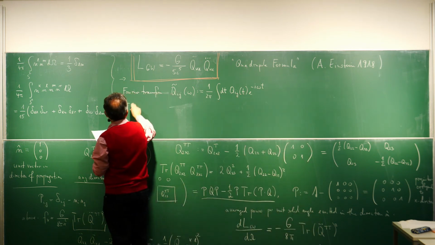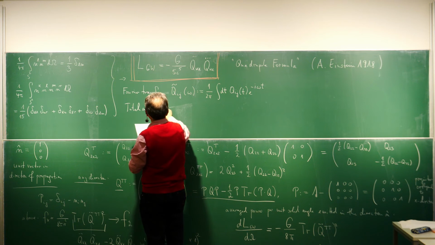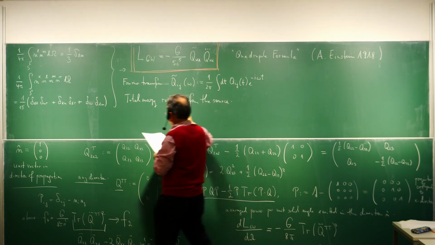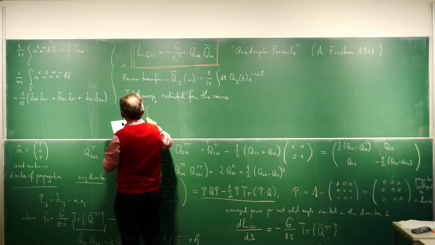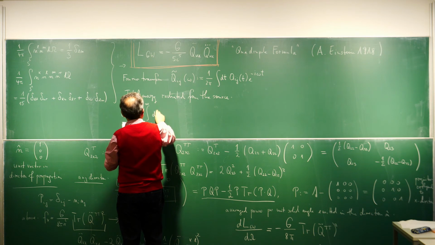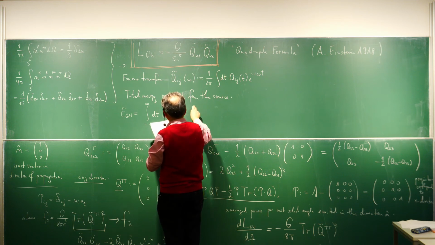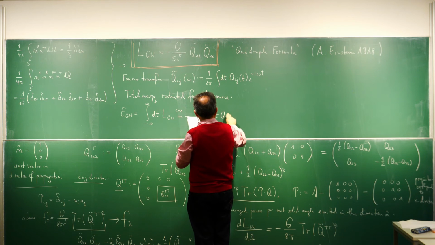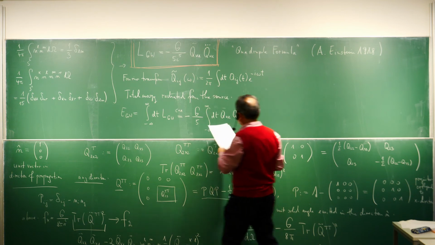So the total energy is of course the integral over time, the total energy radiated from the source, E gravitational wave, and I define this as the integral from minus infinity to infinity dt L gravitational wave, which if we again set c equal to 1 is minus G over 5, and we have the integral dt Q_kl triple dot Q_kl triple dot.